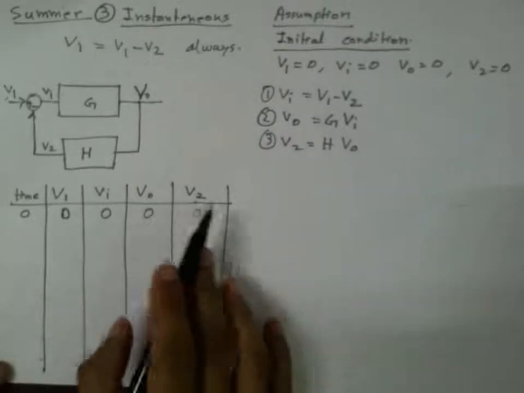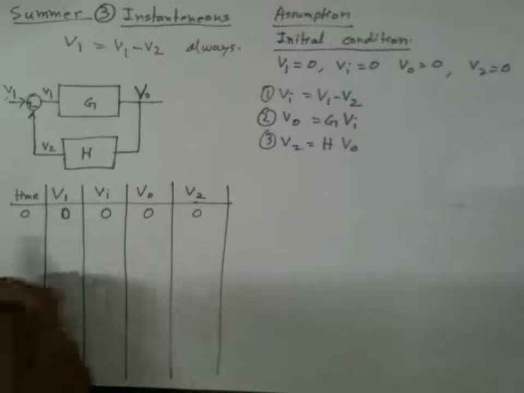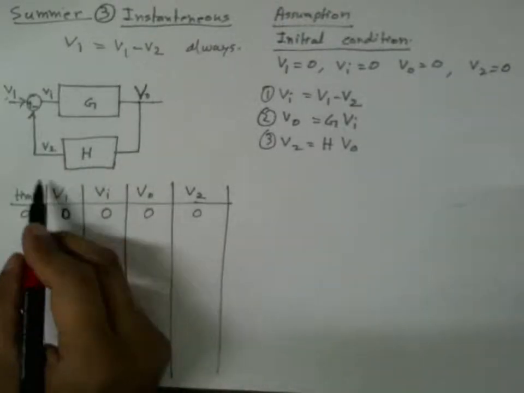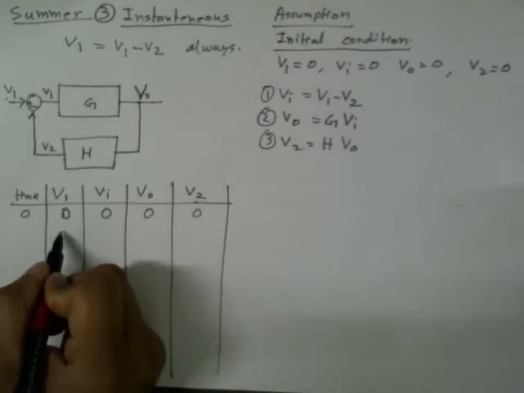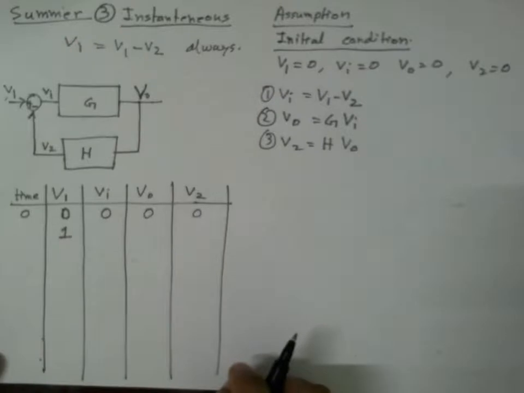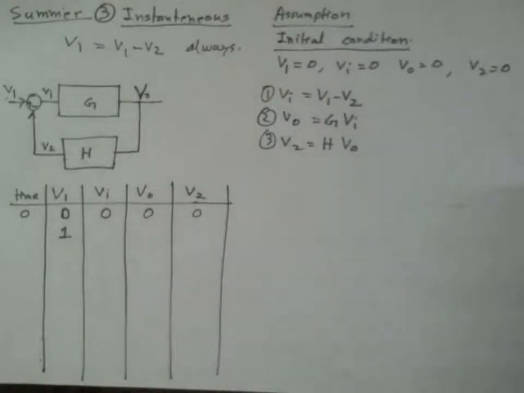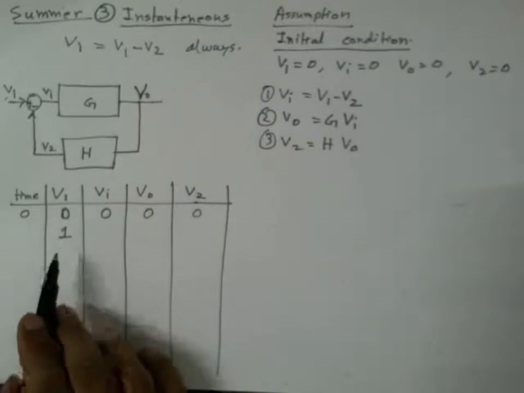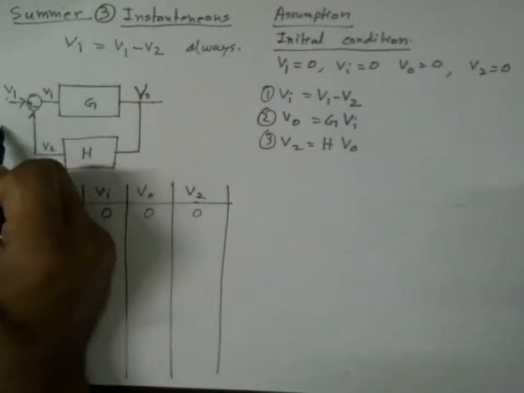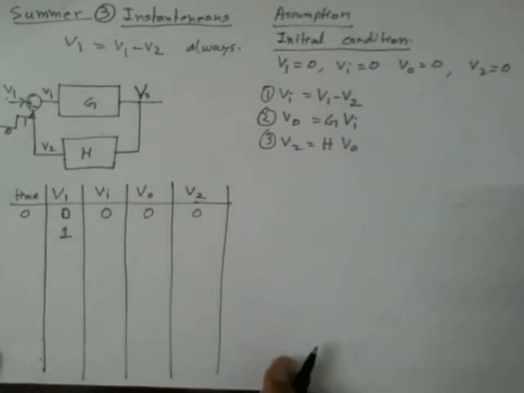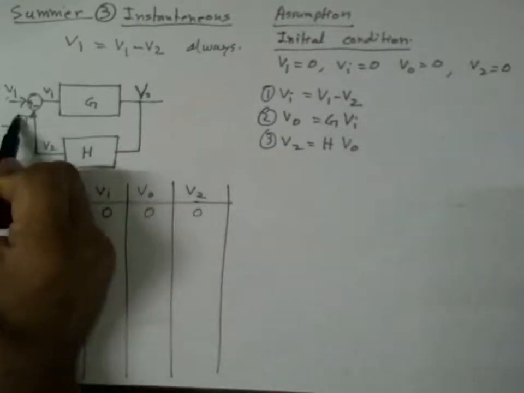Now say after a while this V1 is changed from 0 to the value equal to 1. So what will the output be? V1 is 1, so this is changed as a step function like this from 0 to 1. That's how the input is.